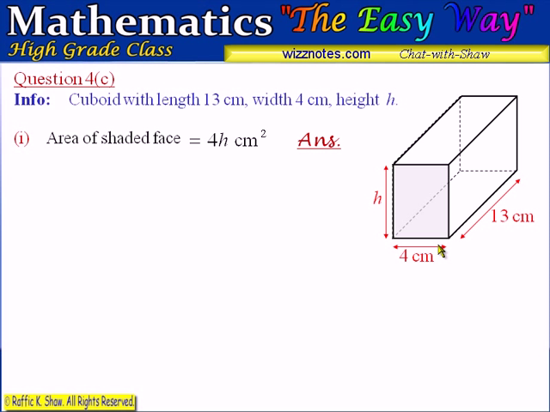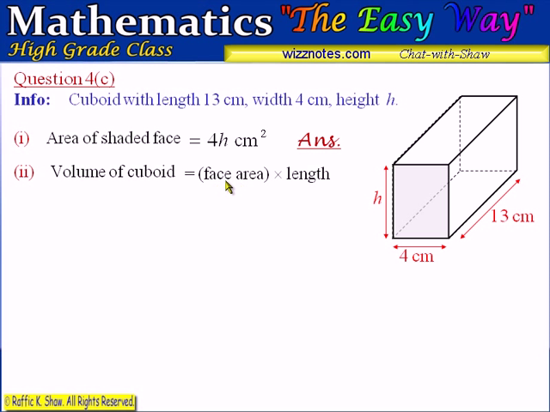And then we're asked to write an expression in terms of h for the volume of the cuboid. The volume of the cuboid is therefore the end area multiplied by the length. The end here would be a uniform cross-section, the cross-sectional area. So the cross-sectional area multiplied by the length will give us the volume, and we'll have it in terms of h.